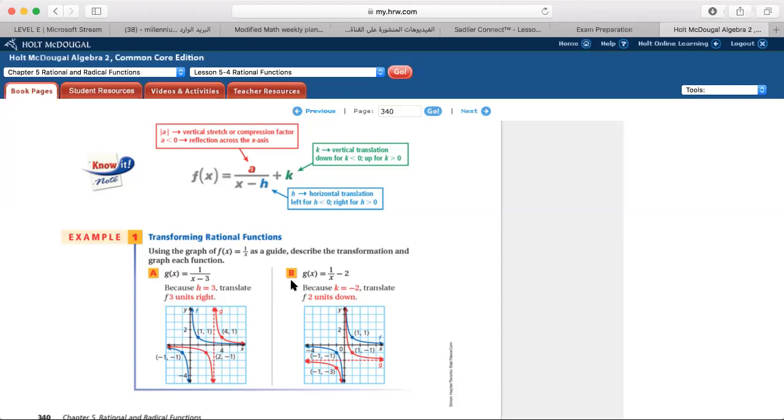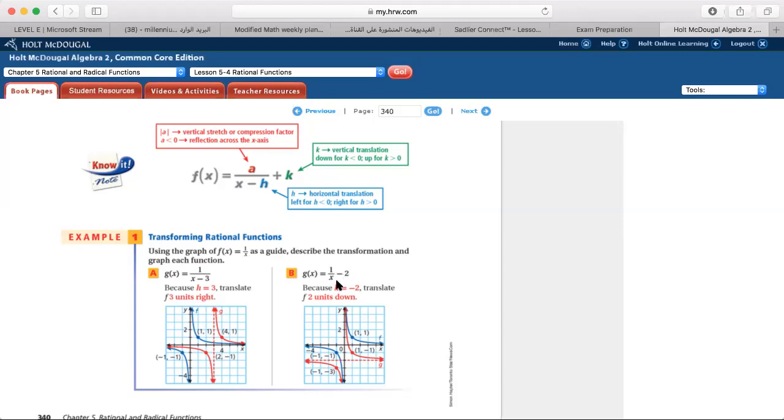Example B, g of x is equal to 1 over x minus 2. The original rule here is positive, so the value will remain the same. So k is negative, and when it is negative, it will be a vertical translation down.